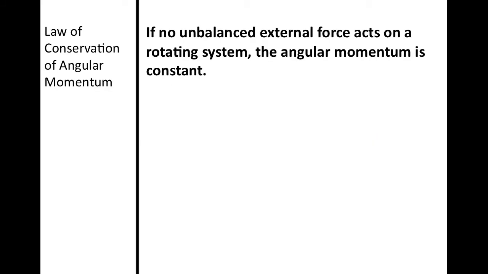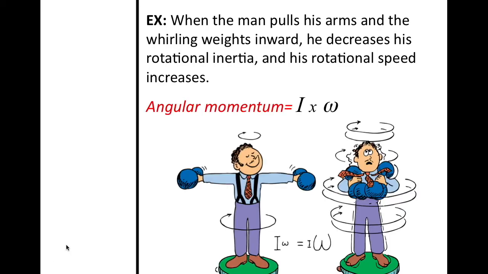There is a law of conservation for angular momentum, and it simply states that if no unbalanced external force acts on a rotating system, the angular momentum is constant. Here is an example of a man in two different positions while standing on a turntable.